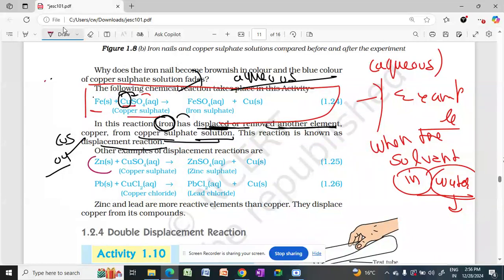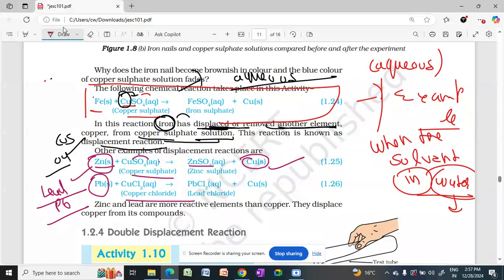So here you can see one thing: Zn plus CuSO4 in aqueous solution gives us ZnSO4, and again copper is displaced. In the case of zinc also, same thing. Then this is lead, Pb, which reacts with copper chloride.